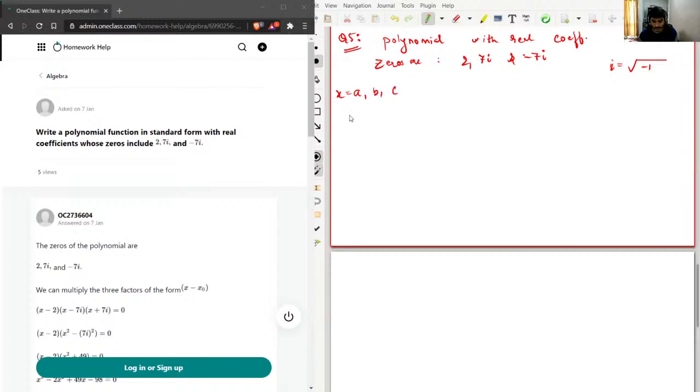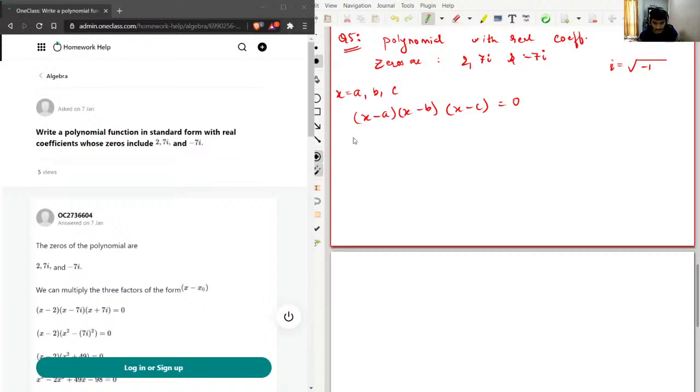Then to form the polynomial equation, I'll just write x minus a, x minus b and x minus c equal to 0. So here in this case we have been given 2, 7i and negative of 7i.